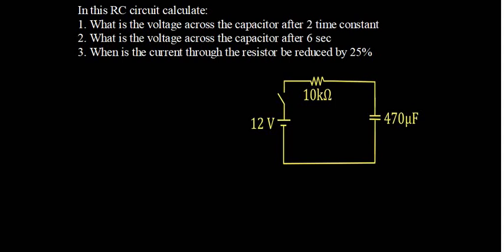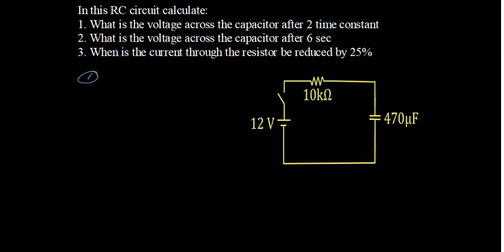When I say what is the voltage across the capacitor after 2 time constants, that means I need to first find the time constant by multiplying the resistor by the capacitor. It's 10 to the power 3 multiplied by the capacitance value 470 times 10 to the power minus 6.